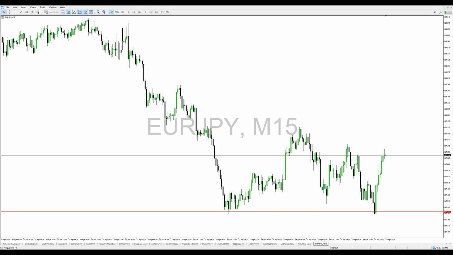This in most cases is a personal preference, but generally higher time frame levels are more reliable than lower time frame levels. A good example is what I just showed you. Remember the support line, the red line on the chart, is on a weekly support level, and you can see how price so far has respected that level.